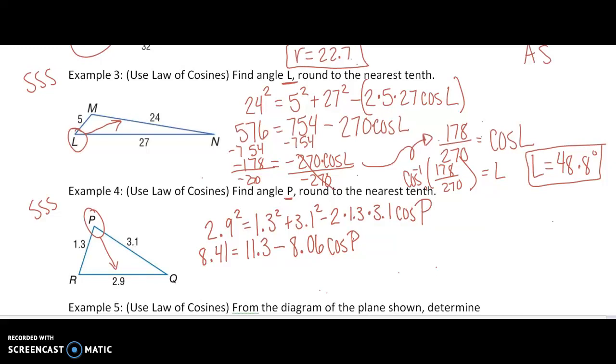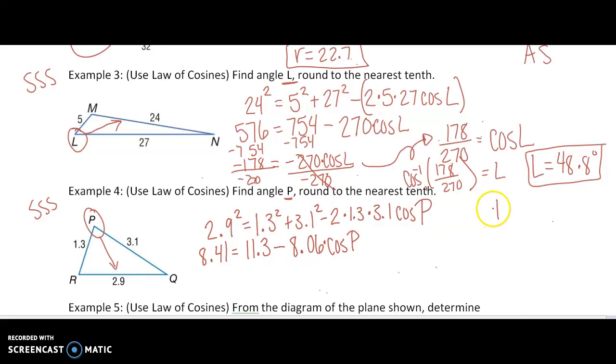All right. From here, remember, since 8.06 is being multiplied by cosine of P, the multiplication will have to come after the addition and subtraction, and that might throw you off.